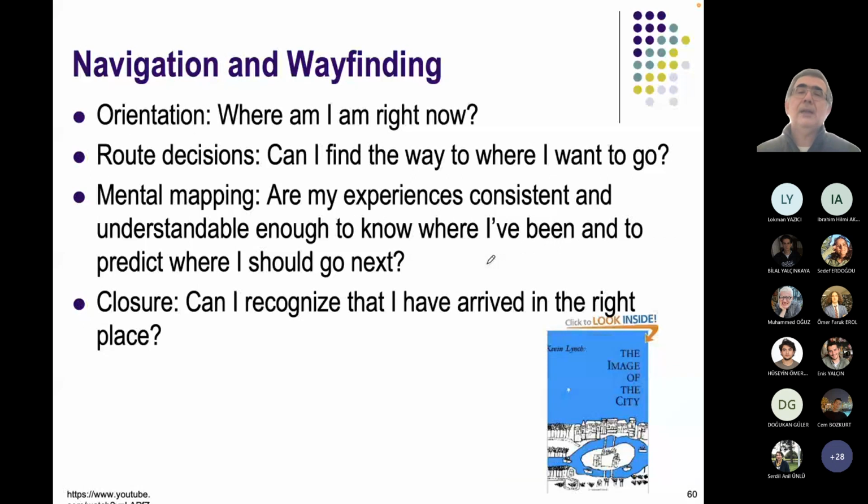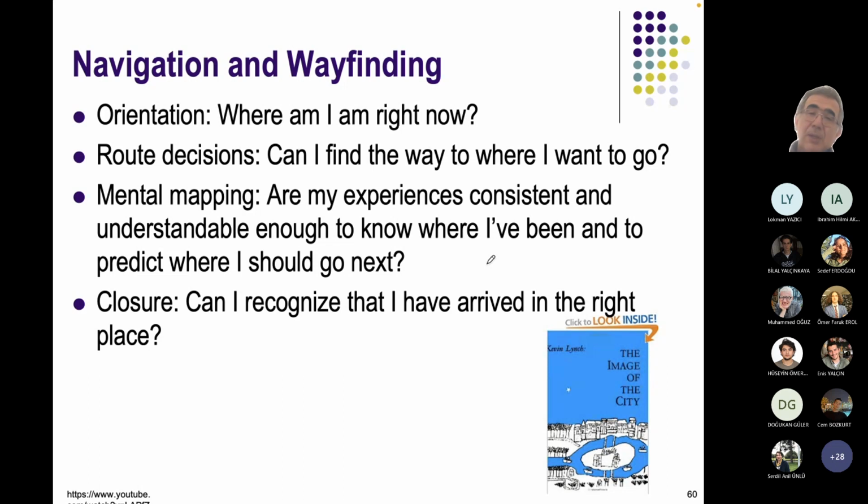So wayfinding is a difficult task. One principle is, in order to not get lost, you need to orient yourself, meaning that you need to know where you are, where I am right now.